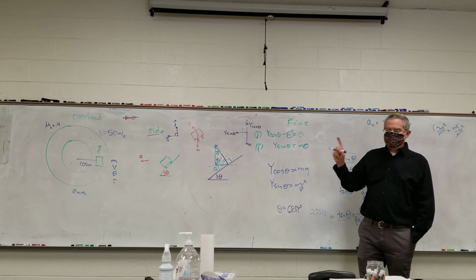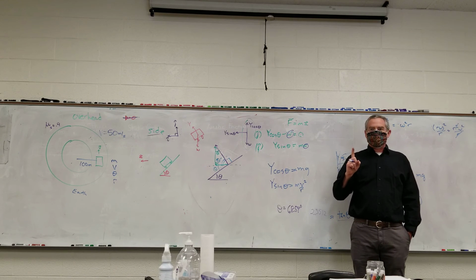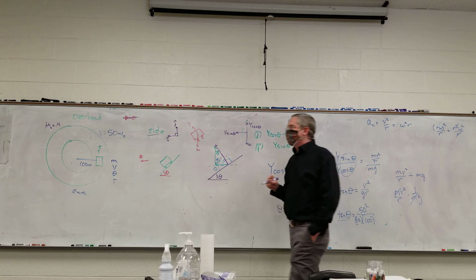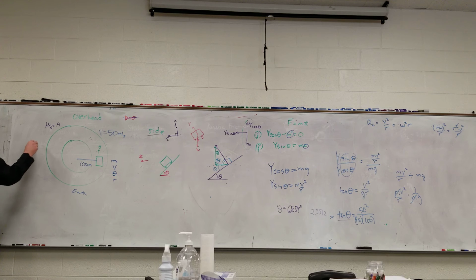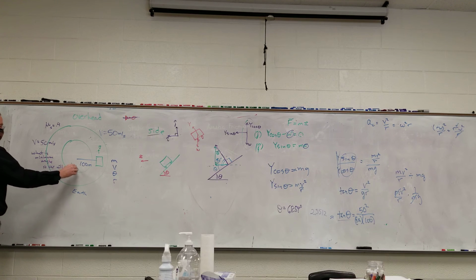We will be using static friction because we are going to assume that the tire is not going to slide. So assume that the car is going 50 meters per second. What is the minimum angle so the car will not slide?